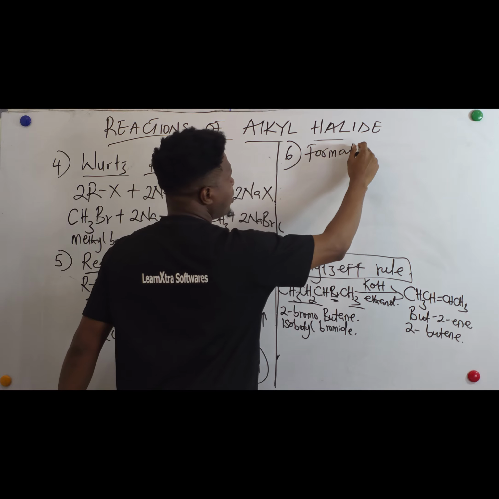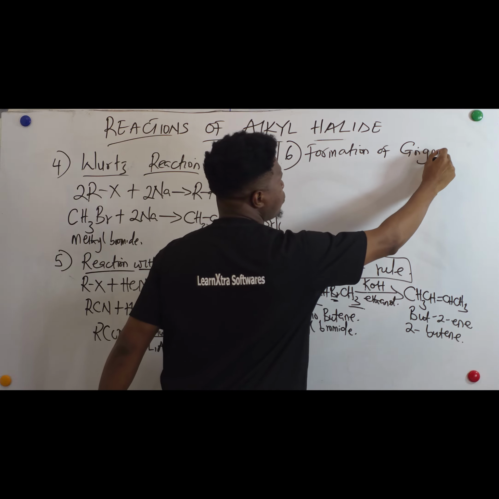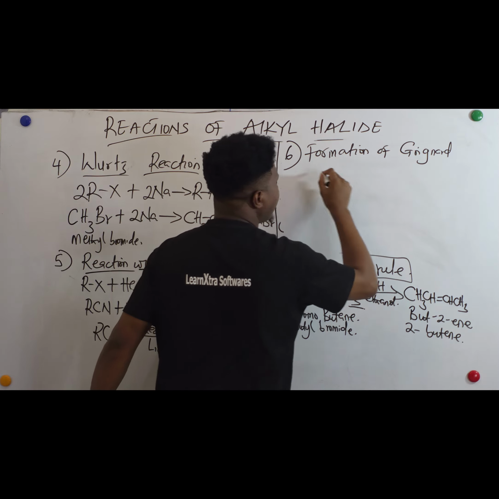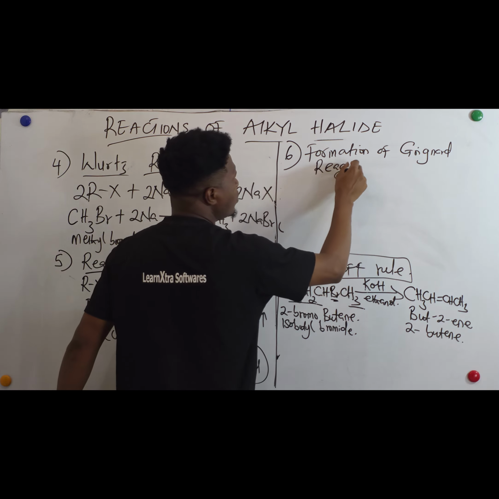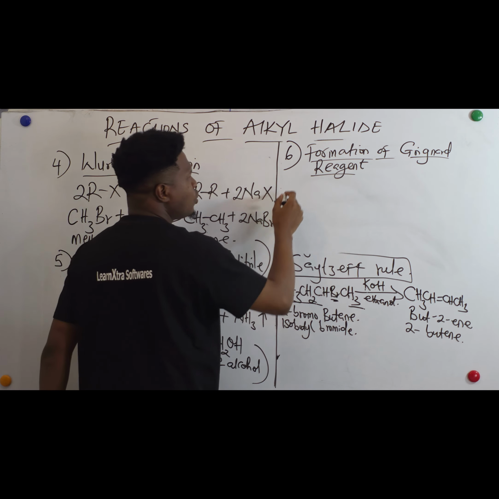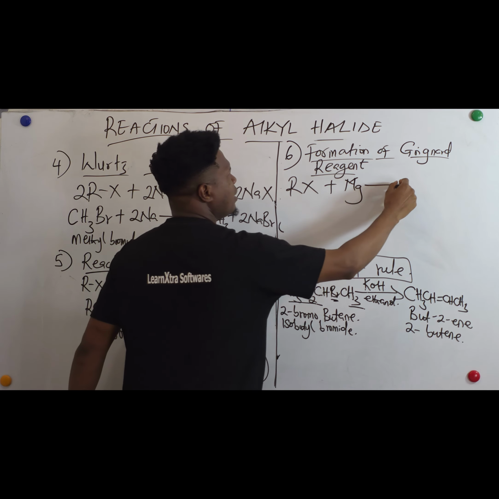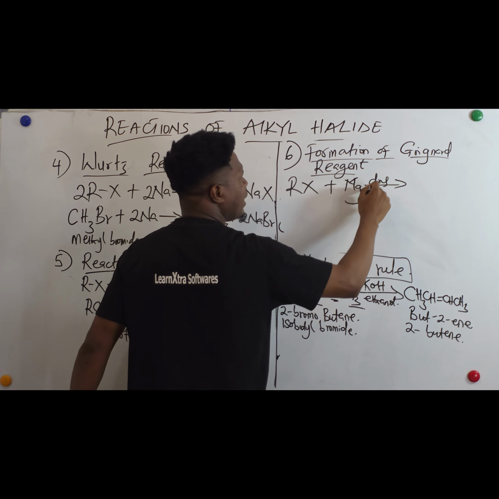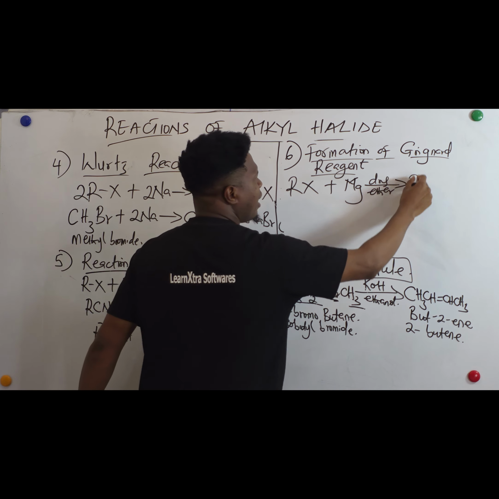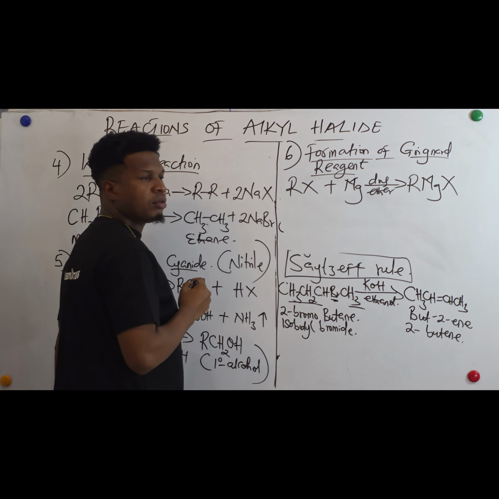So these alkyl halides are used in the formation of Grignard reagent, okay? When you react this RX with magnesium in the presence of dry ether, you're going to have RMgX. That's a simple way.